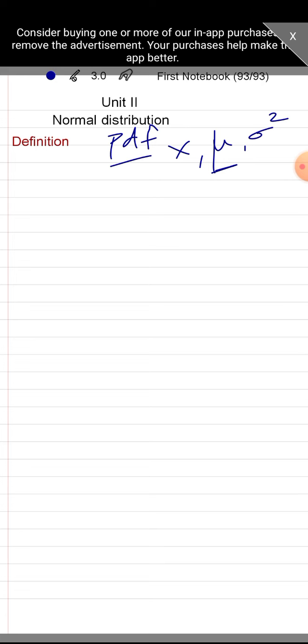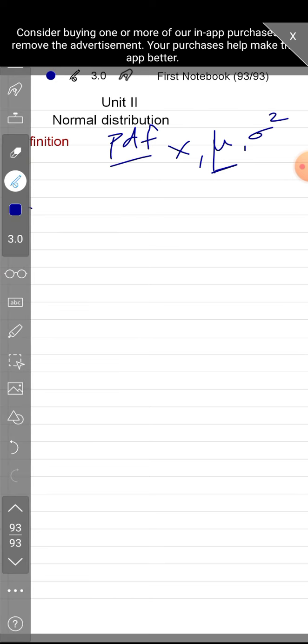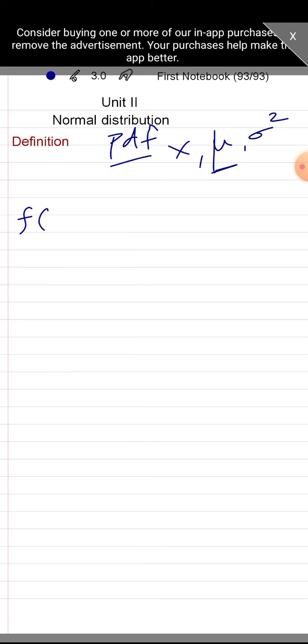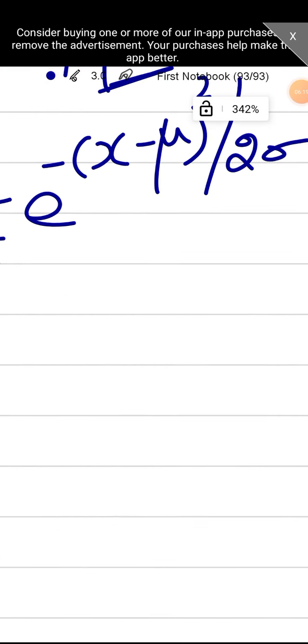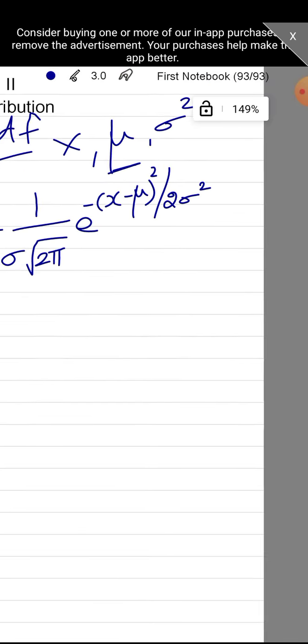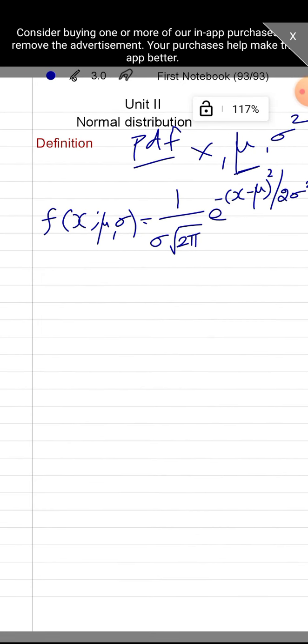So the PDF, probability density function f of x, mu, sigma equal to 1 by sigma into square root of 2 pi e power minus x minus mu the whole square divided by 2 sigma square. So this is the probability density function of the normal distribution.